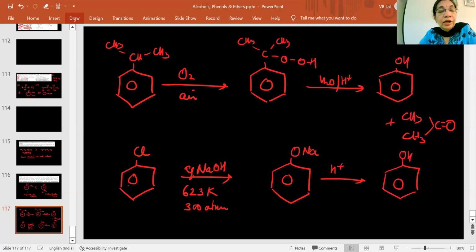So either you write NaOH and below that write H+, then you can write phenol directly. Otherwise you form sodium phenoxide and then react it with H+ to get back phenol. Why do you get sodium phenoxide? Because phenol formed immediately reacts with sodium hydroxide to form salt and water. Okay, so that is the answer for this question.